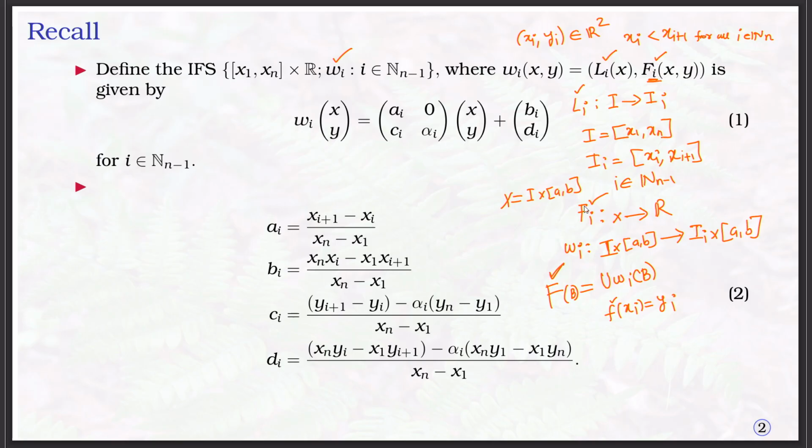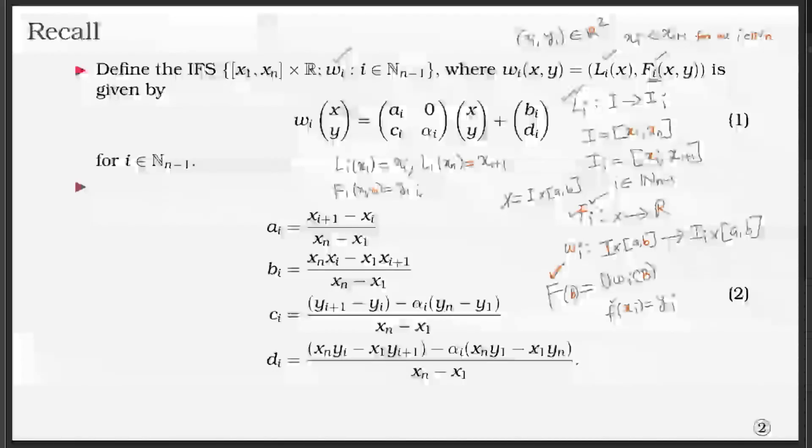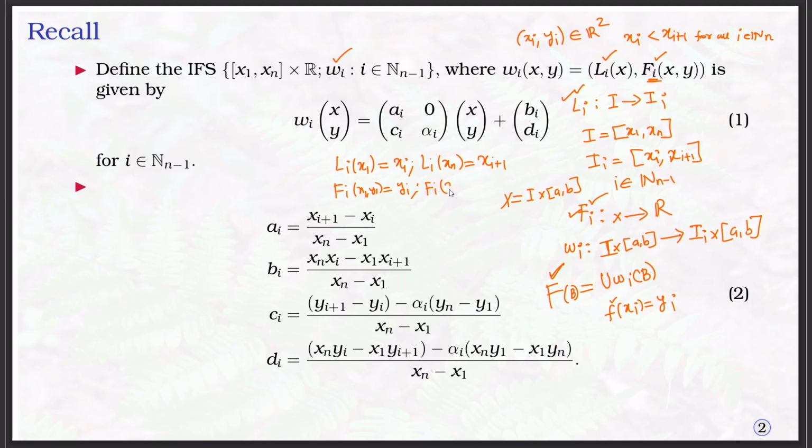While constructing Li and Fi, both satisfy the endpoint conditions: Li of x1 equal to xi and Li of xn equal to xi plus 1, and Fi of x1 comma y1 equal to yi and Fi of xn comma yn equal to yi plus 1.